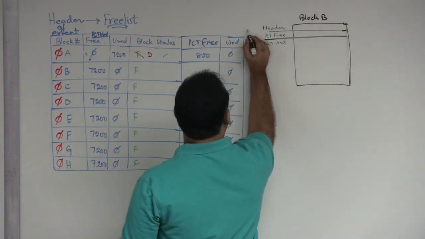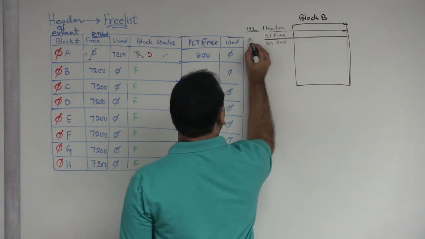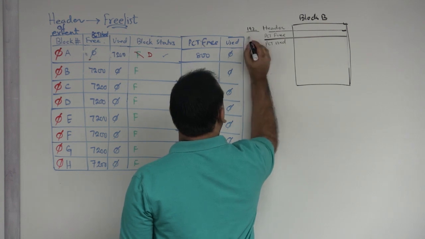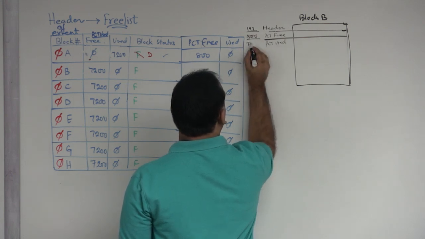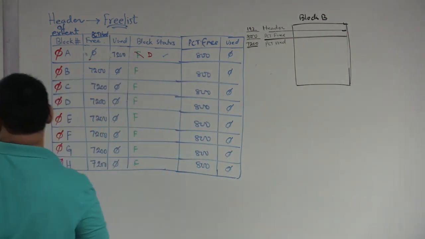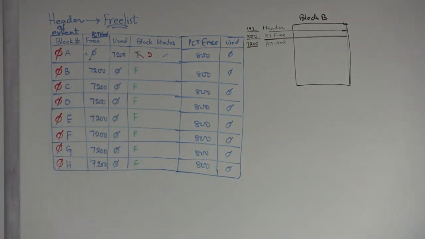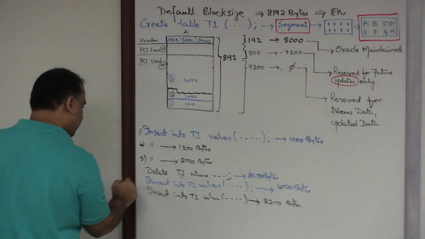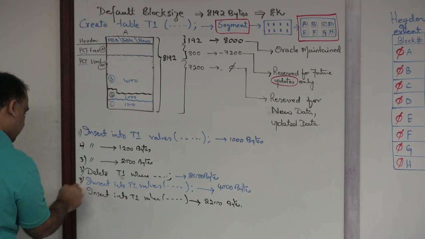The header, if it is taking 192 bytes, this one is 800 bytes, and then this one is 7200 bytes that are available. All right, so row number 4 now. So I have the first row, I have the second row, then the third row is deleted, the third row is created, and then I have the fourth row now.